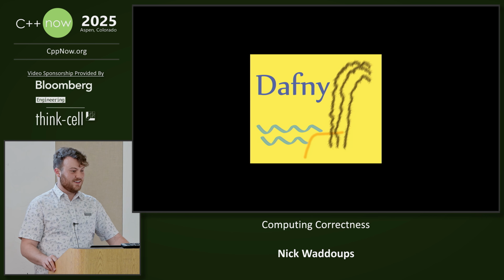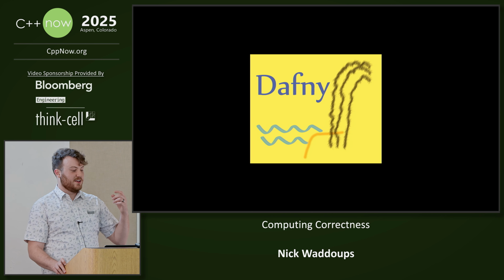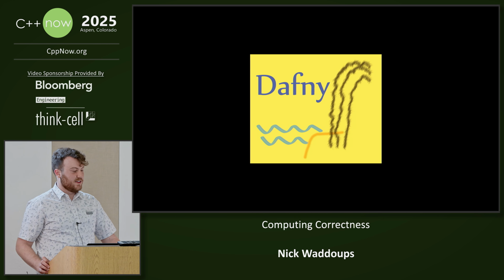Yes? Do you know if anybody's tried to make a rewriter for C++ to C and then use one of the C model checkers on it? That's kind of what ESBMC does. ESBMC has a Clang front end, and it takes all your C++ code, instantiates the templates, does all that stuff, and then it works off the Clang syntax tree.